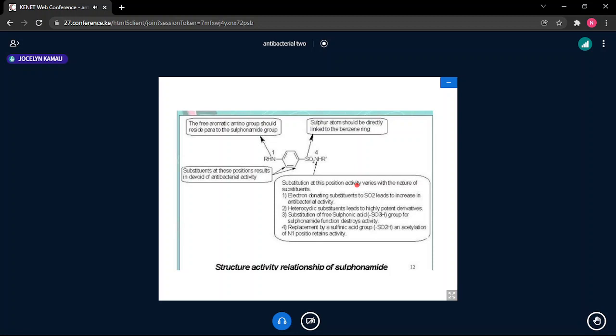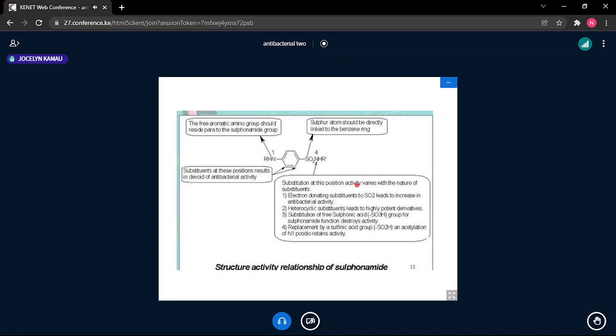But we must also be reminded that oxygen, sulfur, and nitrogen also have lone pairs of electrons. So they will also push electrons to the ring through resonance. The importance of pushing electrons through resonance is stabilization.